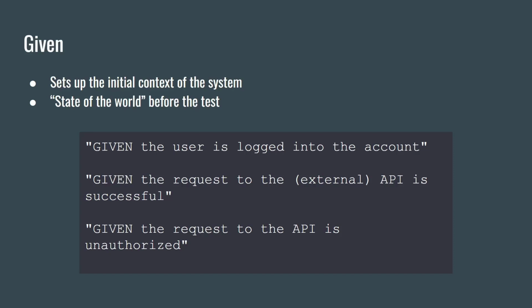It could also be given some request to an external API is successful, or something goes right or wrong as a part of one of the external calls. But it could also be that we're not logged in. So given the request to the API is unauthorized, so we don't have the authorization to actually call the API, that could also be an initial context of the system. So this given actually, I'd say, is exactly the same as the arrange part of a unit test.